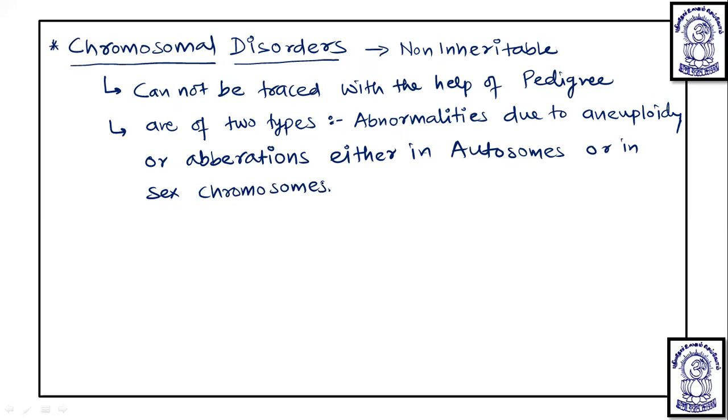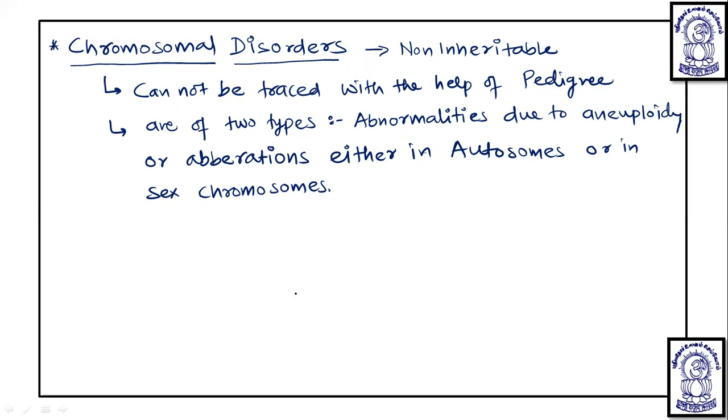So these are chromosomal disorders which are not inheritable and cannot be traced with the help of a pedigree. They are due to aneuploidy, that is a loss of one or two chromosomes, or addition of one or two chromosomes in the total number of chromosomes, and it can be either in the autosomes or in the sex chromosomes.